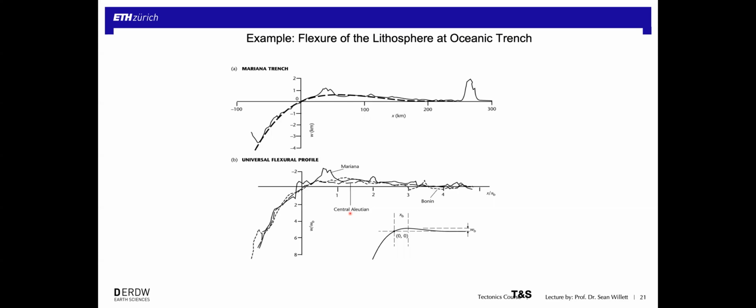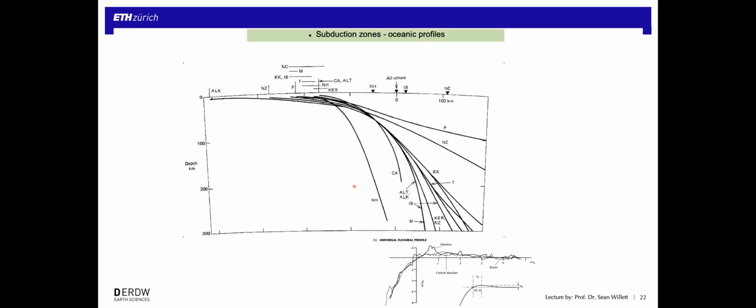But again, we can do the same sort of calibration exercise and say, okay, what's the shape of the ocean floor as it bends down into a trench? Try to find the flexural rigidity that best fits that form, and we might come up with something that looks like this. Again, these are real profiles, and we can get a nice fit to these.